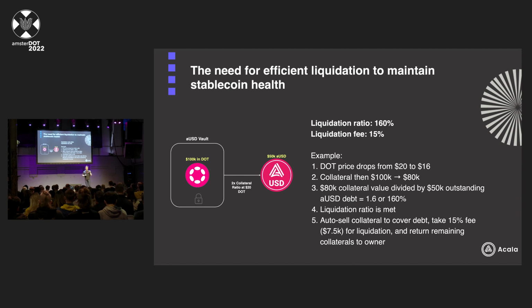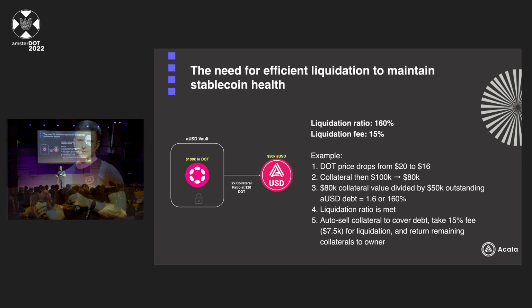We start at $20 DOT, and if the DOT price drops to $16, then your 100K in DOT drops in value from 100K to 80K. Then the 80K collateral compared to the $50,000 loan you took out is at exactly 160%. So you've reached that liquidation ratio, and the liquidation is triggered. We're going to walk through what that looks like.